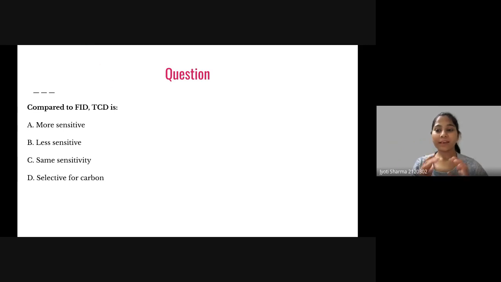Okay, if we are comparing this FID to TCD, then compared to FID, TCD is more sensitive, less sensitive, same sensitivity, selective for carbon. TCD is not more sensitive actually. So actually, this is less sensitive, and also, as I told you, because it can detect all compound, right?